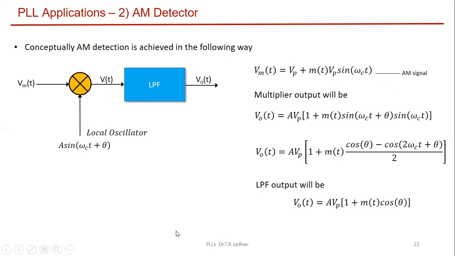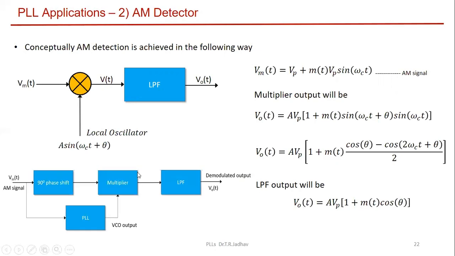So let us now implement this concept with the help of a PLL. Just remember this block diagram. We are going to implement this. So how do we do it? Notice that we have given the AM signal as it is, but it is given through a phase shift.